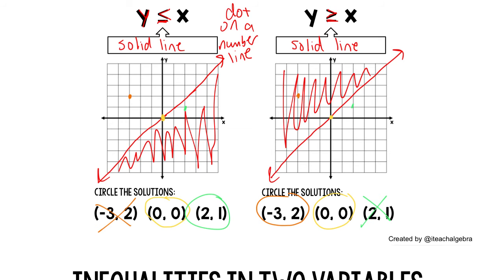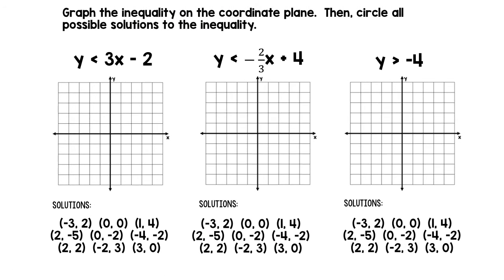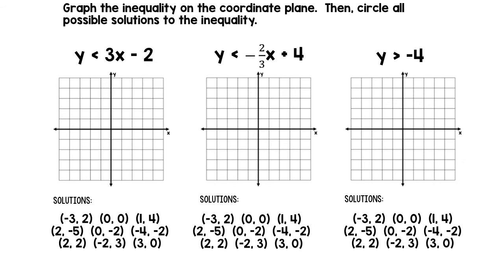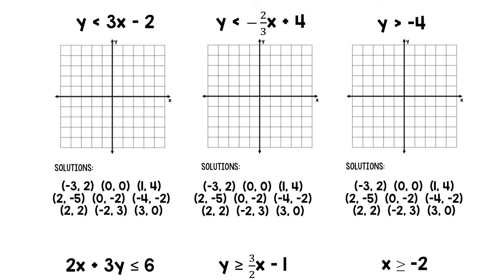Let's work on some more of these. Graph the inequality on the coordinate plane, then circle all possible solutions to the inequality. These first three are pretty straightforward. They're all in slope-intercept form. So y is less than 3x minus 2. If this is y equals 3x minus 2, let's plot our points on the line first.